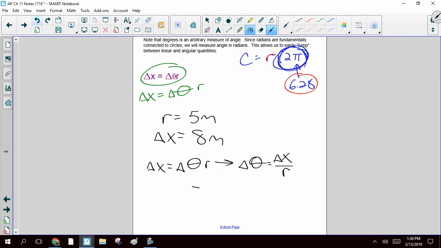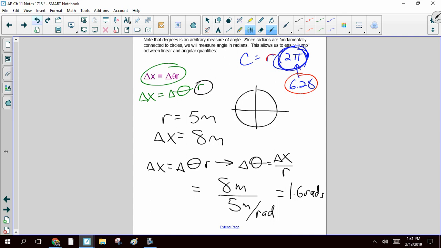I want to make a quick comment about the units, though. It's 8 meters over 5 meters, but when you use this r, it's actually a conversion factor. You're literally converting meters to radians. So here it's 5 meters per radian. When you divide this out, you get 1.6 radians, which makes sense, right?